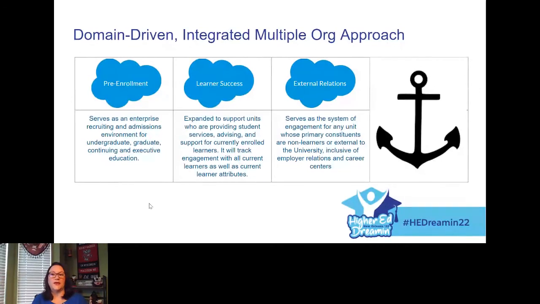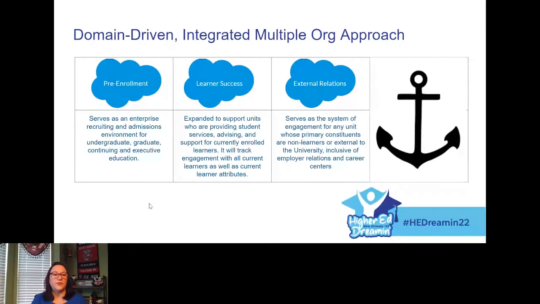This is going to be our enterprise recruiting and admissions environment for all of our learners, both credit and non-credit. We've got learner success. Remember, we've got that clinical placement solution, which is for current students. So now we can have this learner success model, which takes our students from that pre-enrollment time frame, maybe from the time they matriculate all the way through graduation.